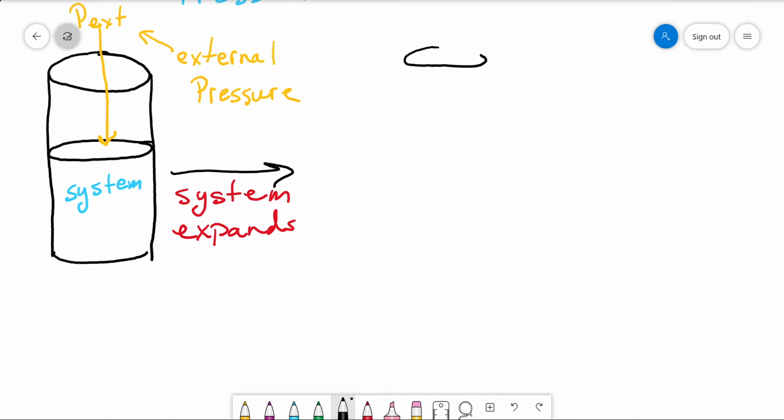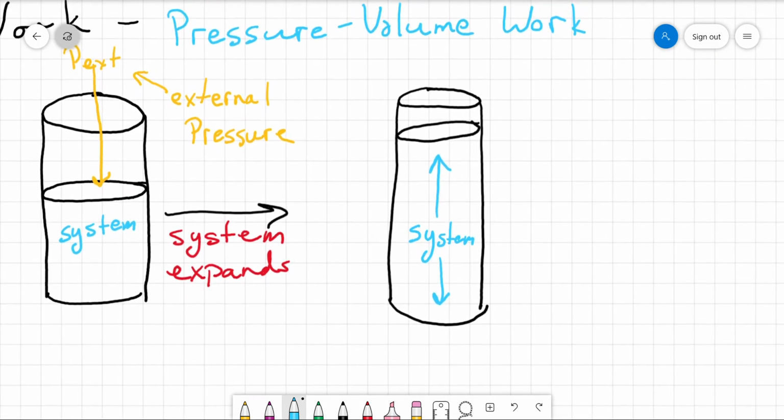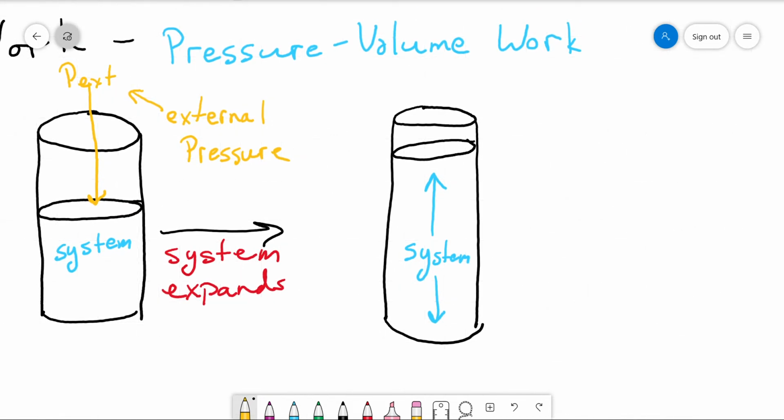And so let me redraw my piston. And this could be any kind of container that can expand or contract against an external pressure. So our system is expanded. It got bigger. Okay. What did it have to do to get bigger? Well, it had to push against P external.